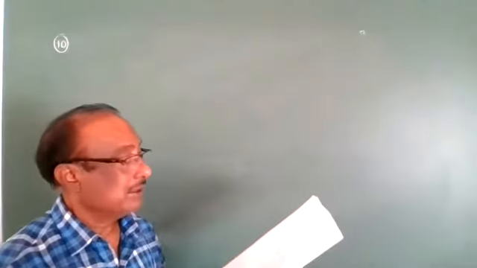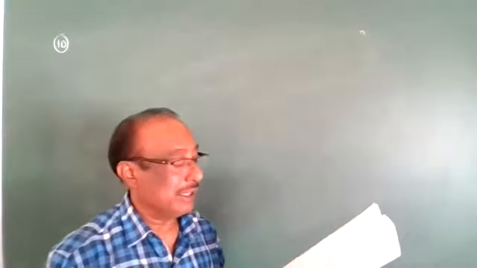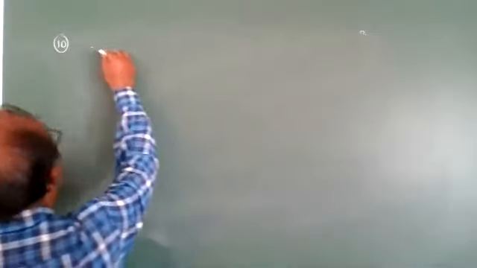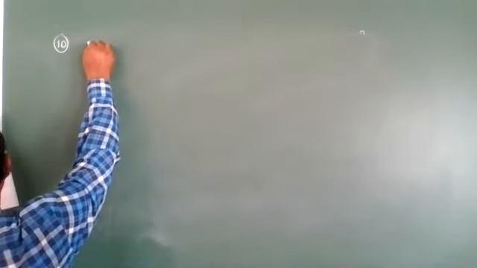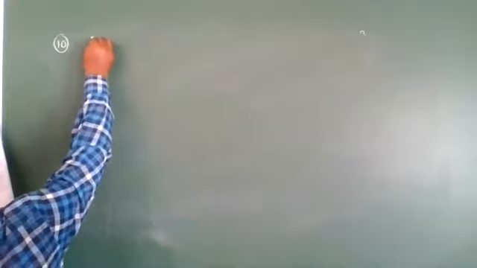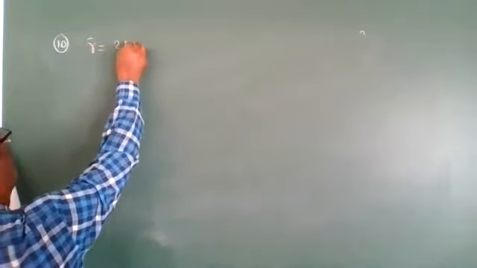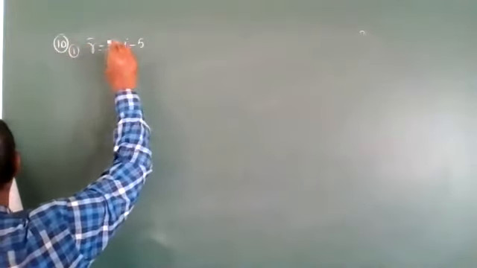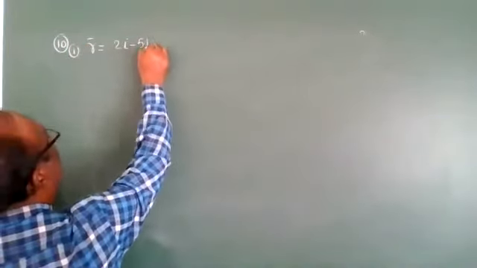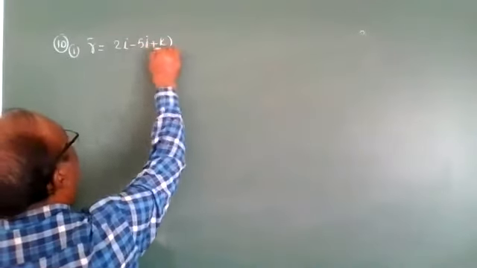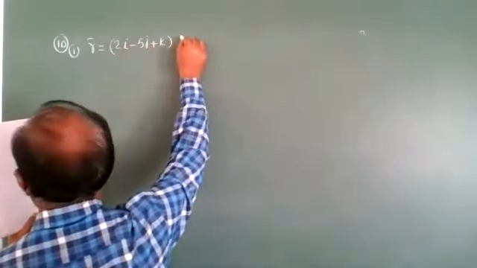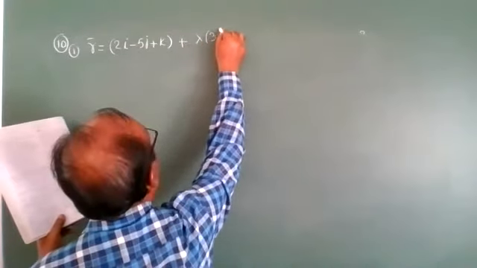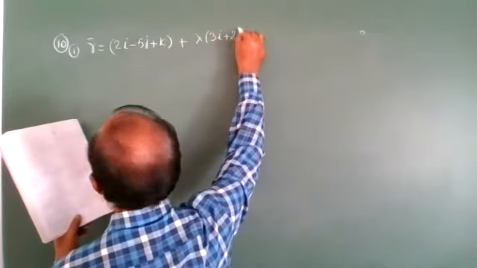The 10th problem is: find the angle between the pair of lines. Vector form equations are given. The first line is r bar equals 2i minus 5j plus 5k plus lambda into 3i plus 2j plus 6k.